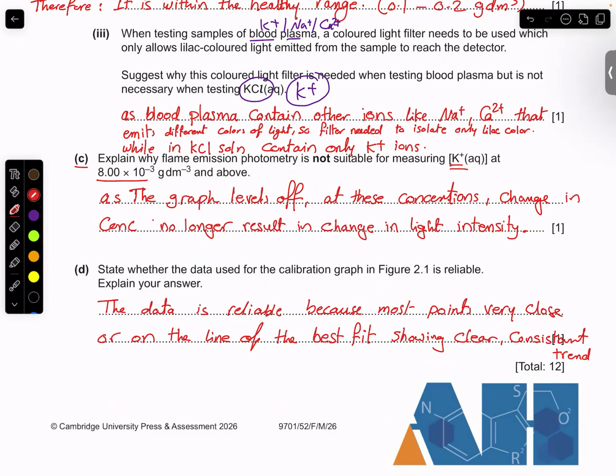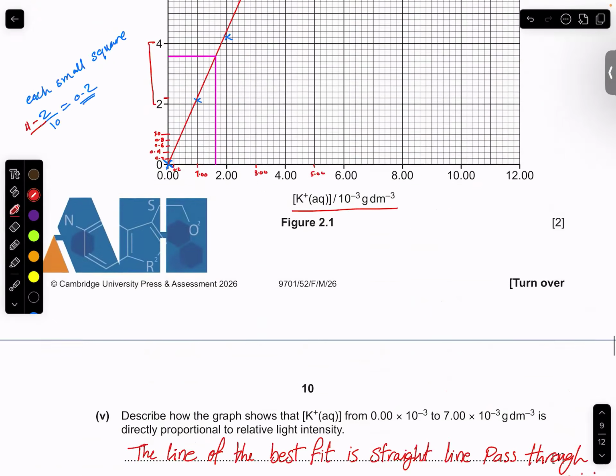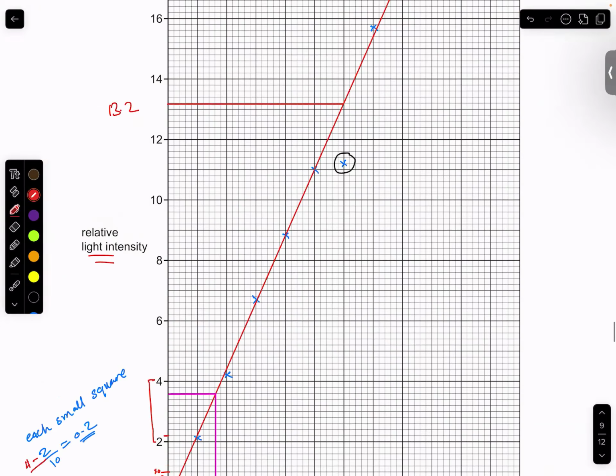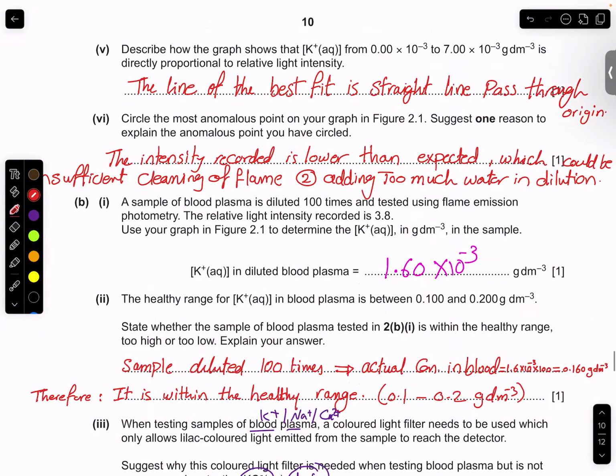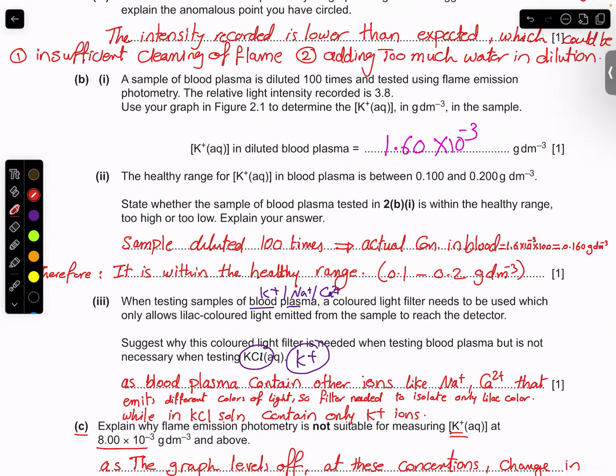This means that when we reach 8 times 10 to the power of minus 3, any other concentration no longer results in a change in light intensity. If you add any more concentration after this, 9, 10, 11, 12, it doesn't result in a change in the light intensity.